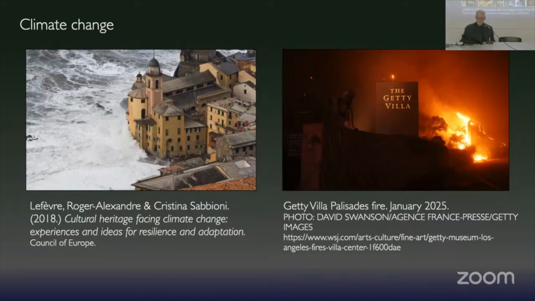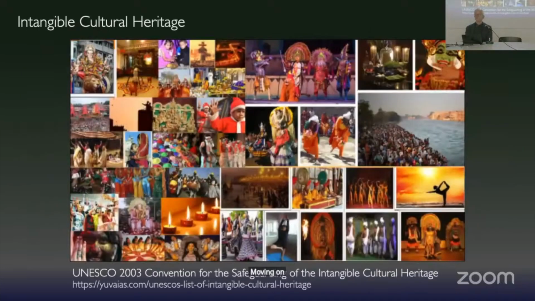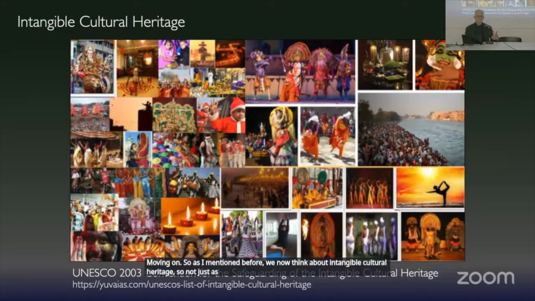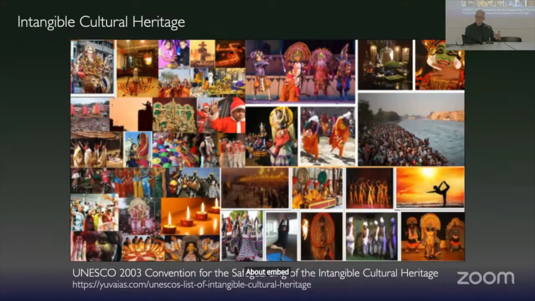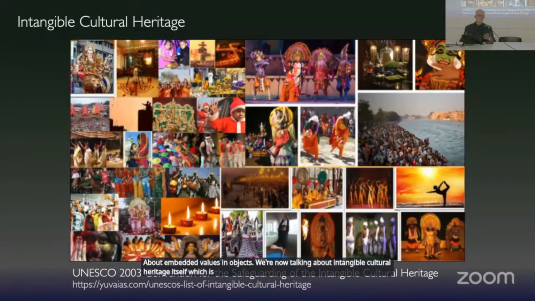Moving on. As I mentioned before, we now think about intangible cultural heritage. So not just, as Riegl would have told us, about embedded values in objects, we're now talking about intangible cultural heritage itself, which is dance, performance, ritual, spiritual activities.